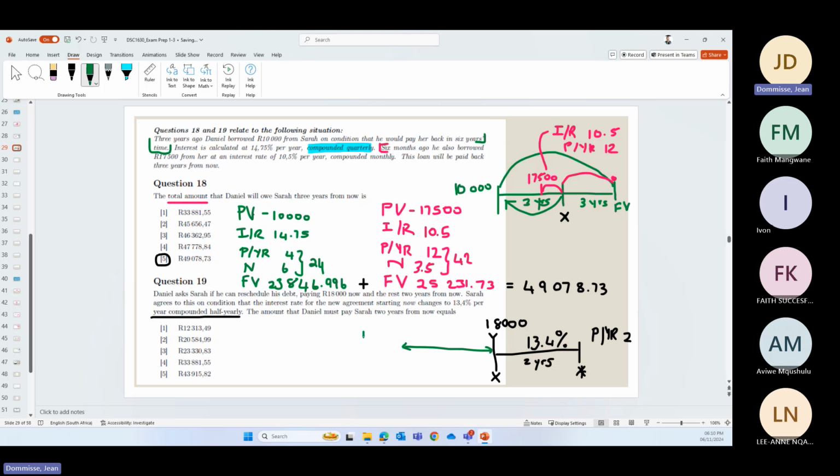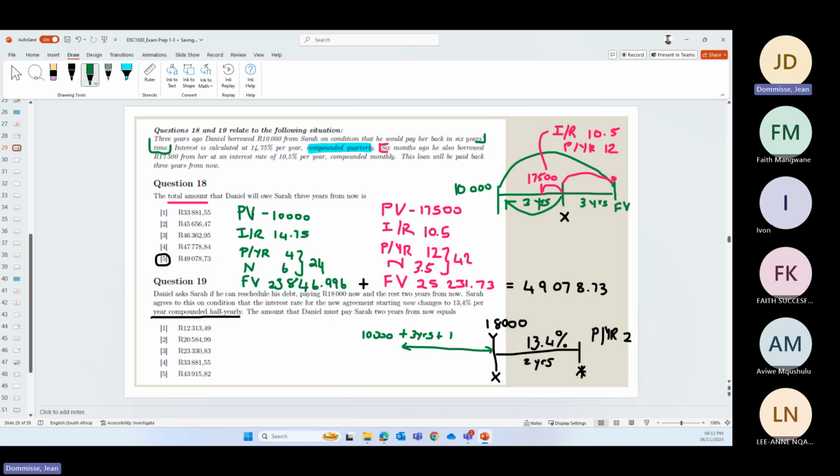We now need to rework that out. So that 10,000, we're now working out just over the 3 years period, because that was for 3 years.